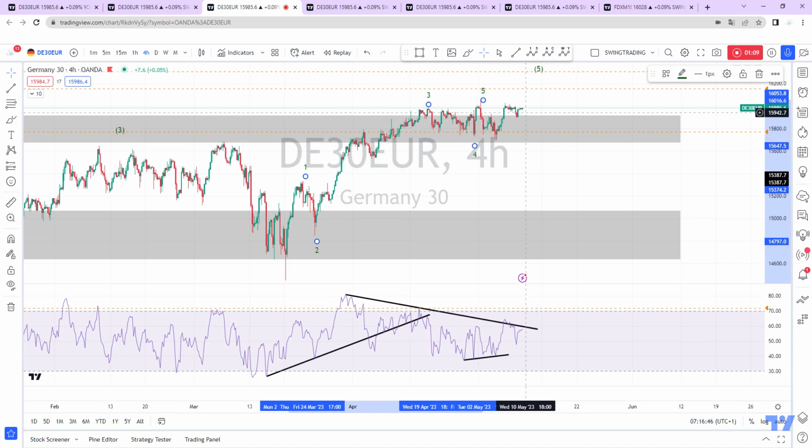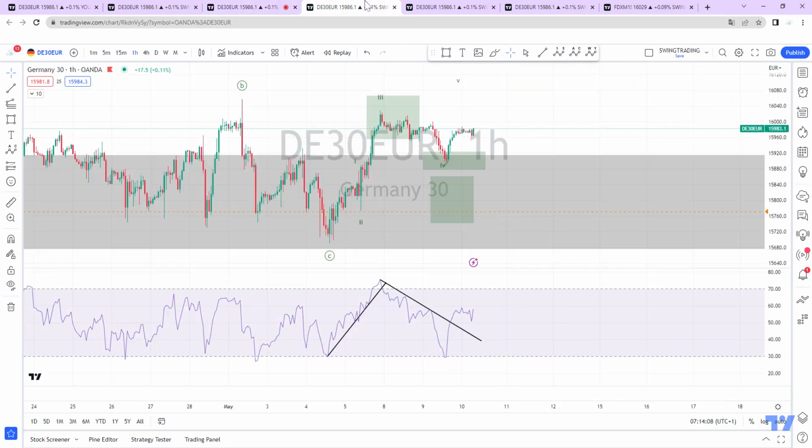I don't think it's likely, but from an Elliott wave perspective, it's possible. Today is also inflation data, so if we have very bad data, it could be that we start a wave 3 to the downside here. But I'm not expecting it because I believe this is too short for a wave 5.